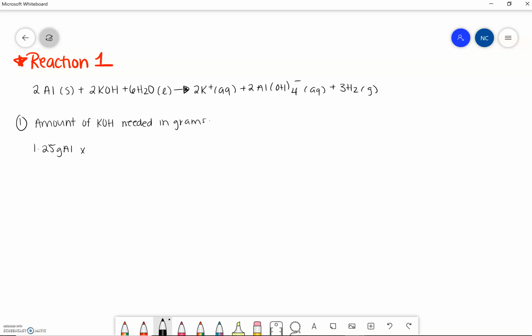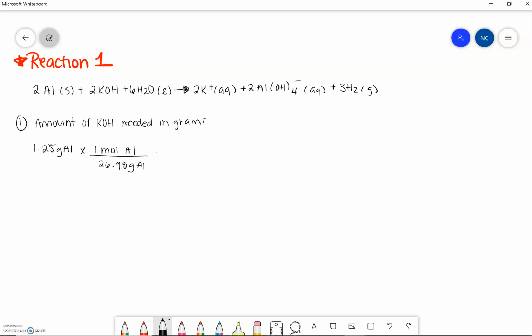You're going to be multiplying the 1.25 grams of aluminum by 1 mole of aluminum, and then divide by the molecular weight of aluminum, which is 26.98 grams.